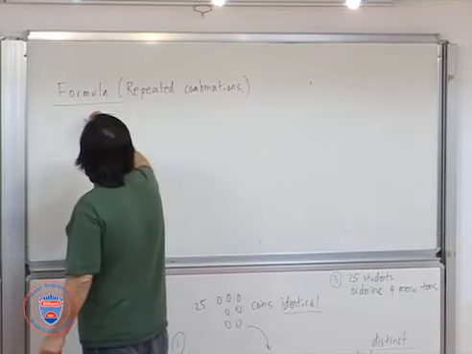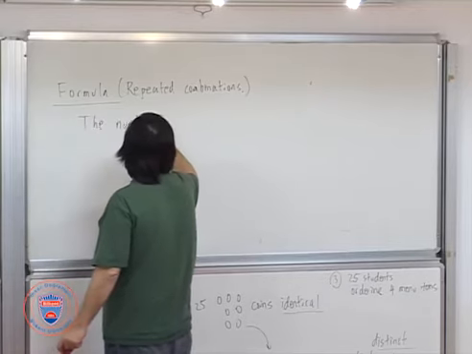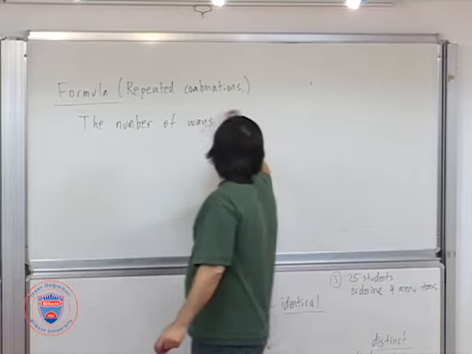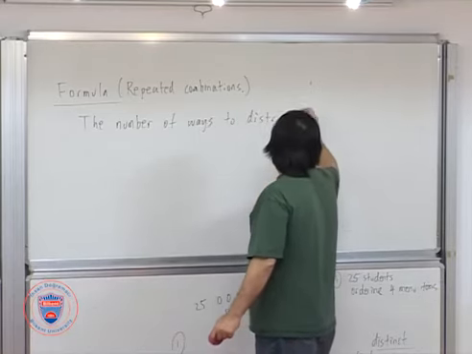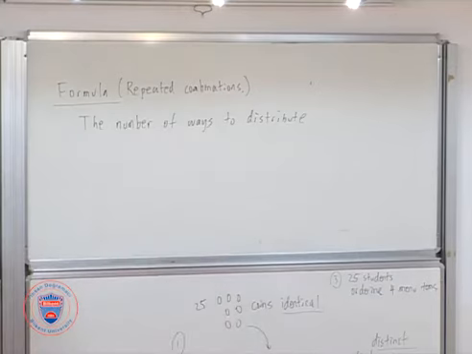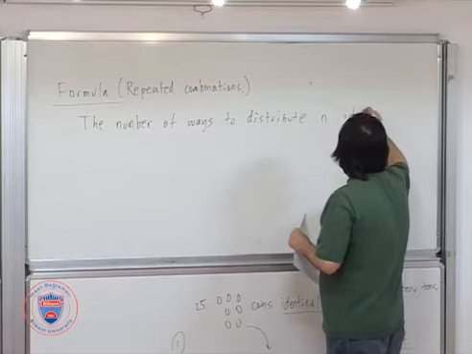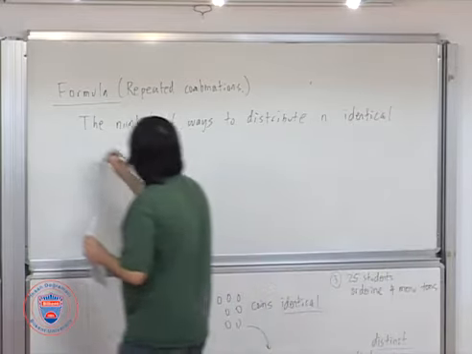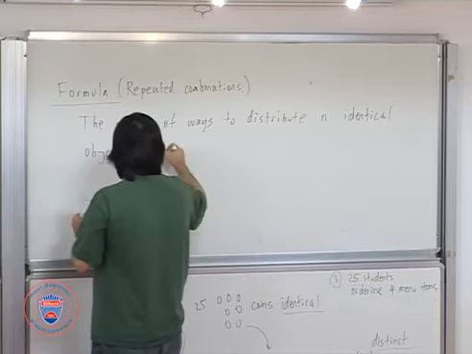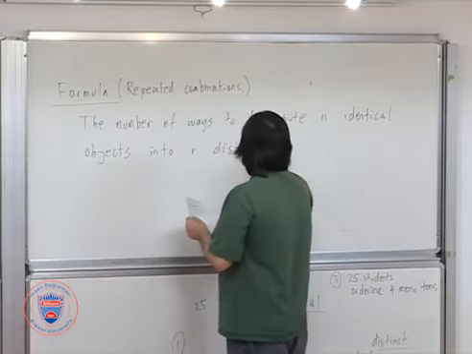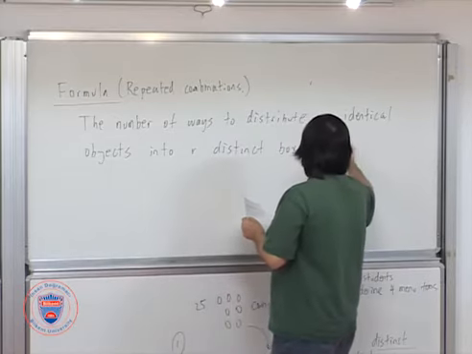The number of ways to distribute n identical objects, so the balls or things, into r distinct boxes is.